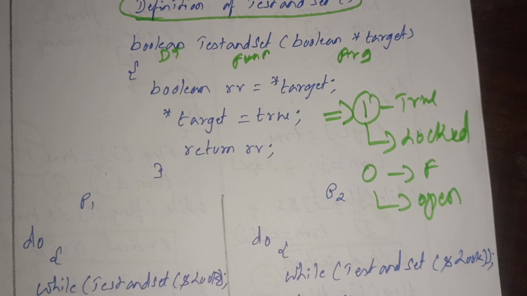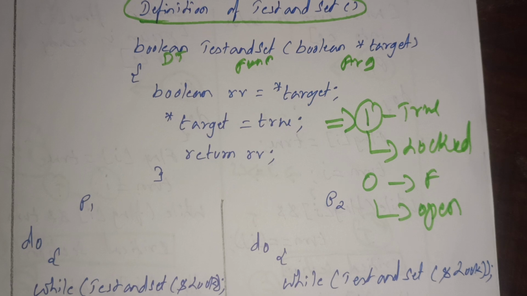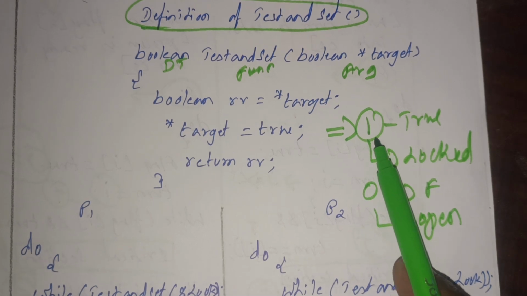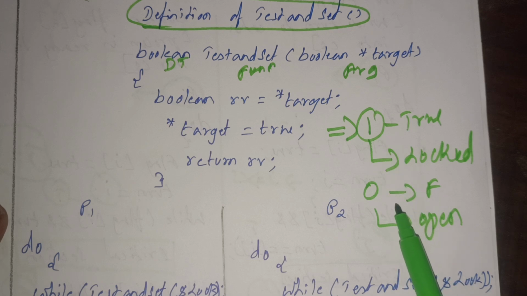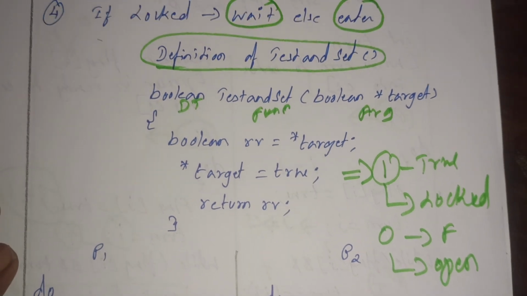I told you already in which condition a process waiting outside the critical section can enter. If it is true, it is locked, and the waiting process cannot enter. If it is false, it is open, and the process waiting outside can enter. Now, say it is initially set to true and it will return RV.